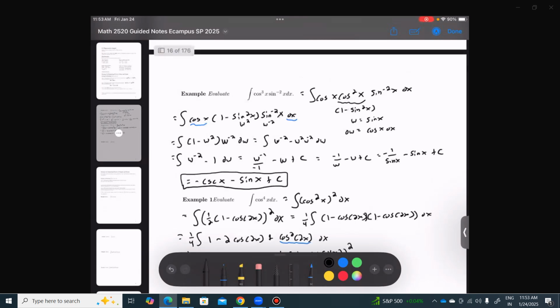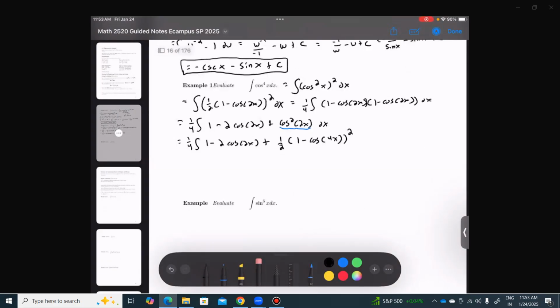Oh, sorry, not squared. I was thinking squared because I had it squared up top here. So the dx. So now everything's a basic cosine. We're almost there at the end of the problem. 1 plus 2 cosine of 2x, distribute the 1/2. We'll have 1/2 plus 1/2 cosine of 4x dx.